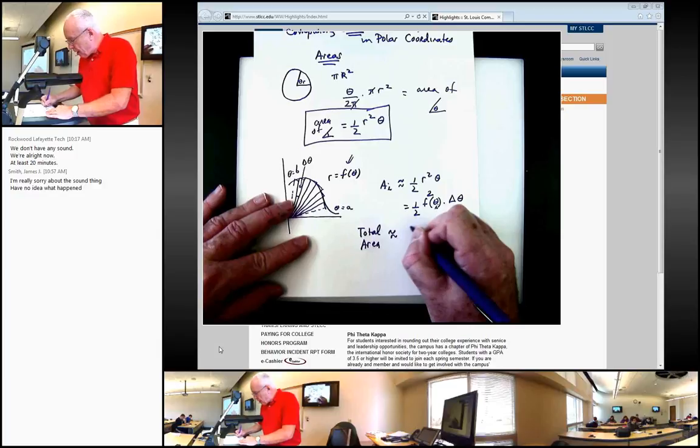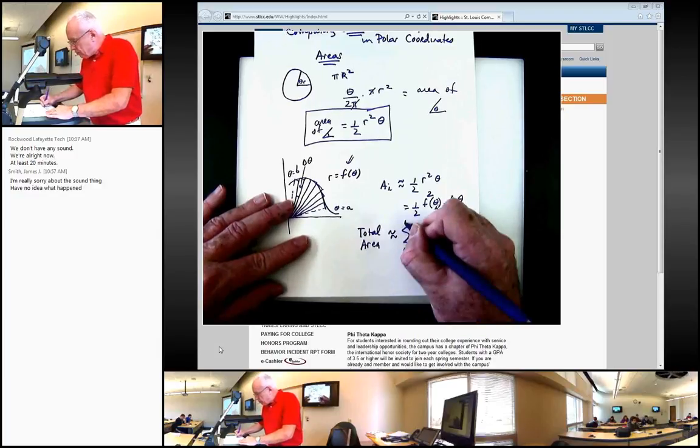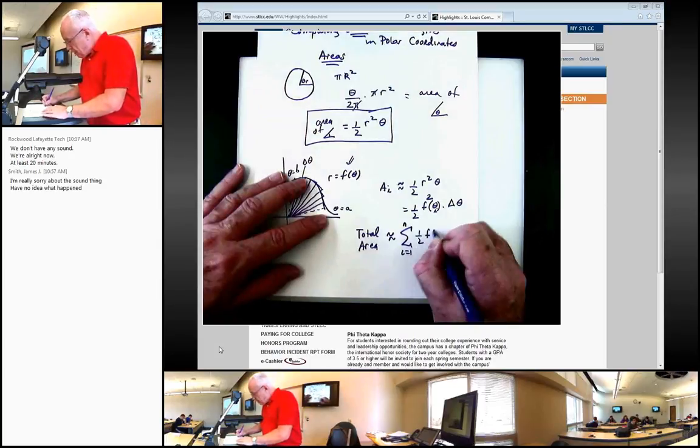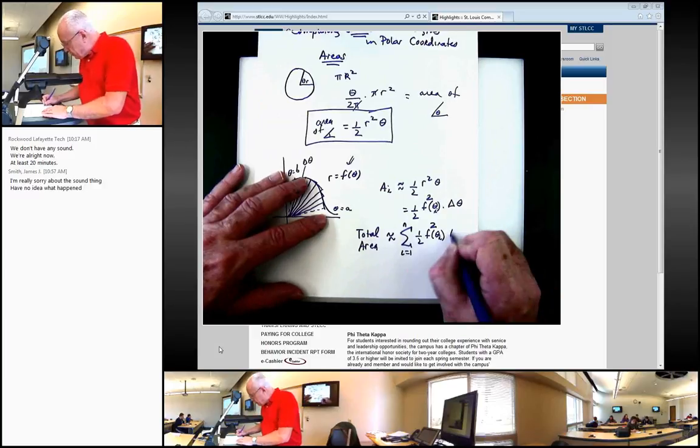So the total area is going to approximately equal this summation from i equals 1 to n of 1/2 times f of theta sub i squared times delta theta.